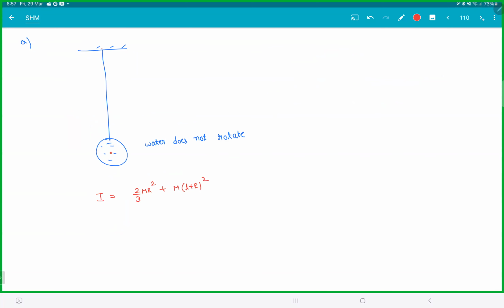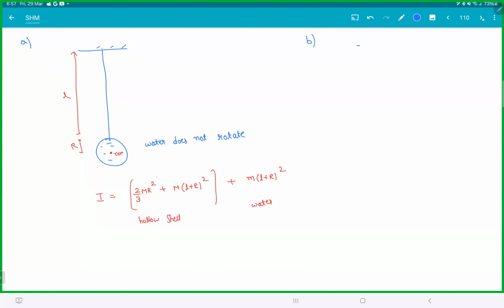Because you have to take the distance from the center of mass. This was R and this was L. I could have taken L from center, but okay. This is for the shell. Plus the water will be simply m(L+R)². This just behaves like a particle.